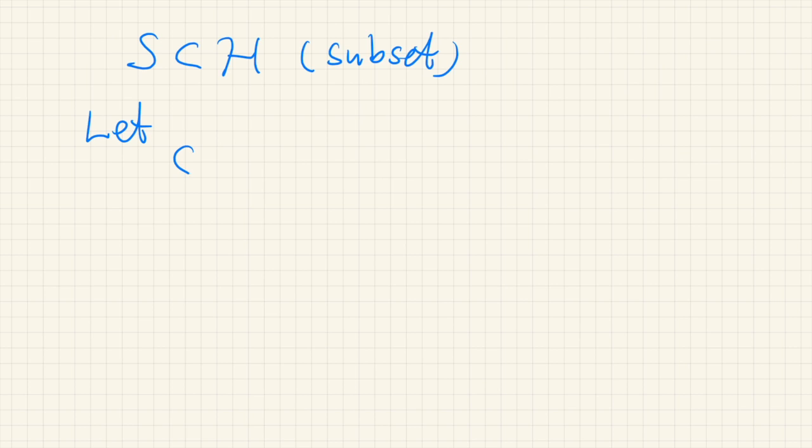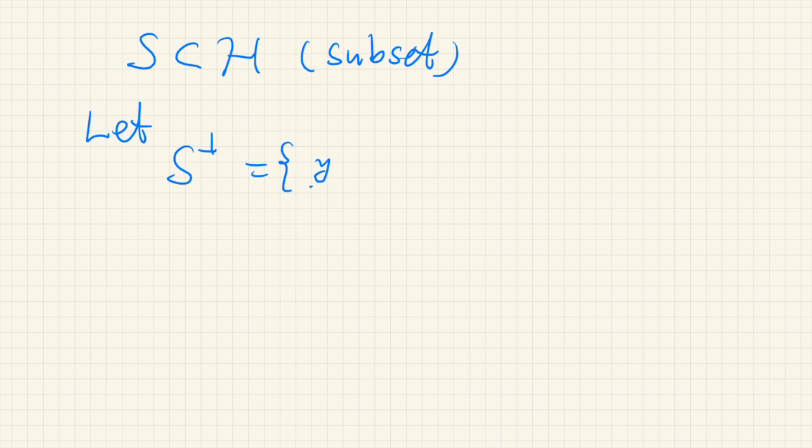In the next theorem, we introduce the orthogonal complement of a subset. So let S be a subset of the Hilbert space H. It doesn't have to be a subspace, it's just a subset. Then let us define S complement as this.